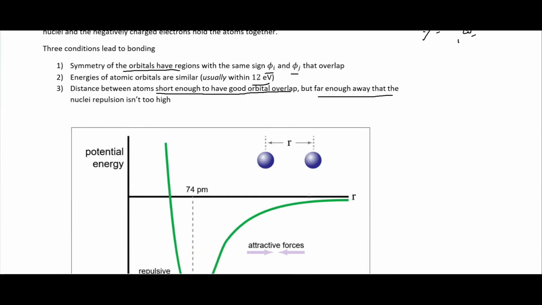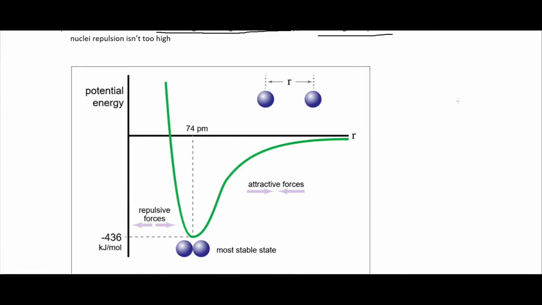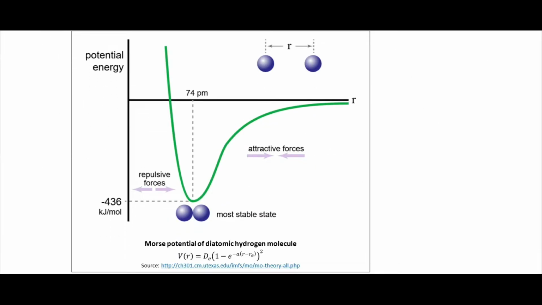And so we can look at that using this Morse potential here. You may have also seen, I think it's called the Lennard-Jones potential, which looks very similar, but I'll be talking about the Morse potential here. This is what that potential looks like. Down here, where the potential is the lowest, is the distance of the two atoms, in this case two hydrogen atoms, where it's most stable.